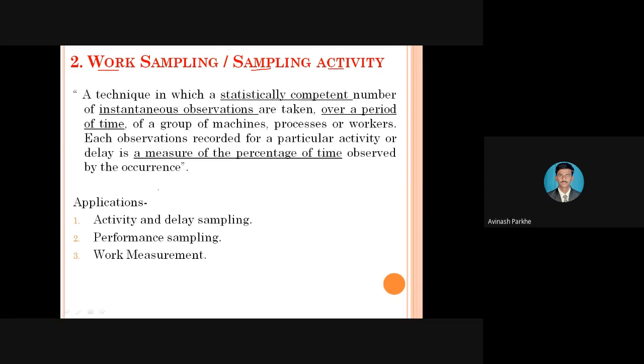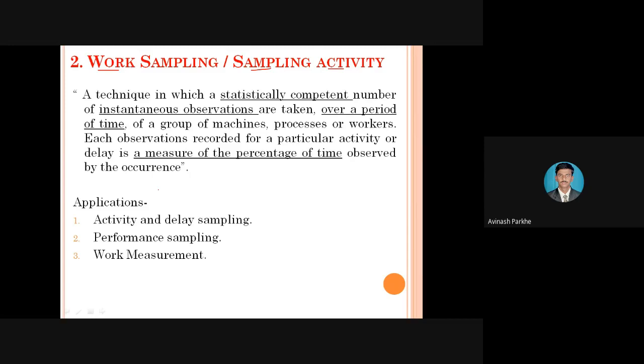The same concept is implemented here in work sampling. A number of observations are made in the production department, and from those observations we have to identify in what percentage machines are working, in what percentage the operators are working, similarly in what percentage machines are idle, and in what percentage the workers are idle.